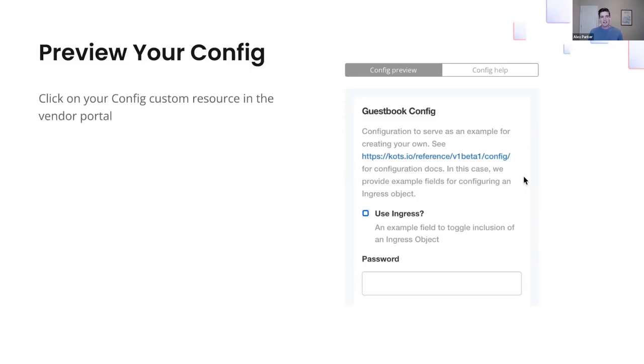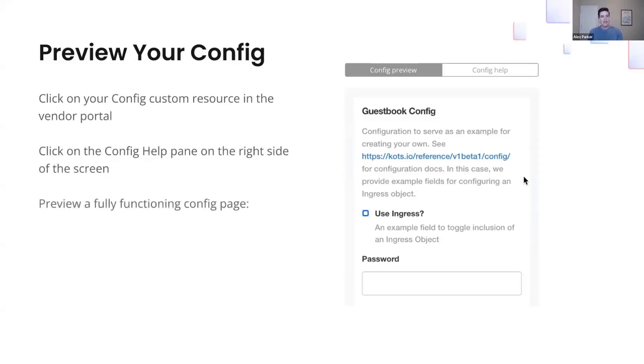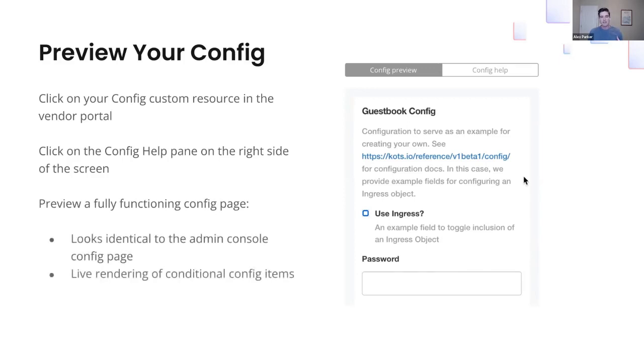You can click on your config custom resource in the vendor portal, then click on the config help pane on the right side of the screen. You go to the config preview, and you can preview a fully functioning config page. It's going to look identical to what it looks like in the admin console. And it even does live rendering, like with conditional config items, which I'll show in this demo.